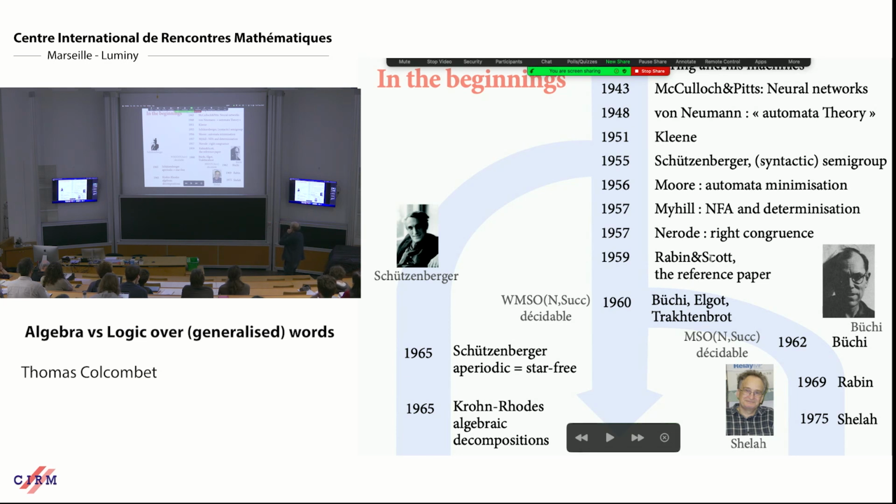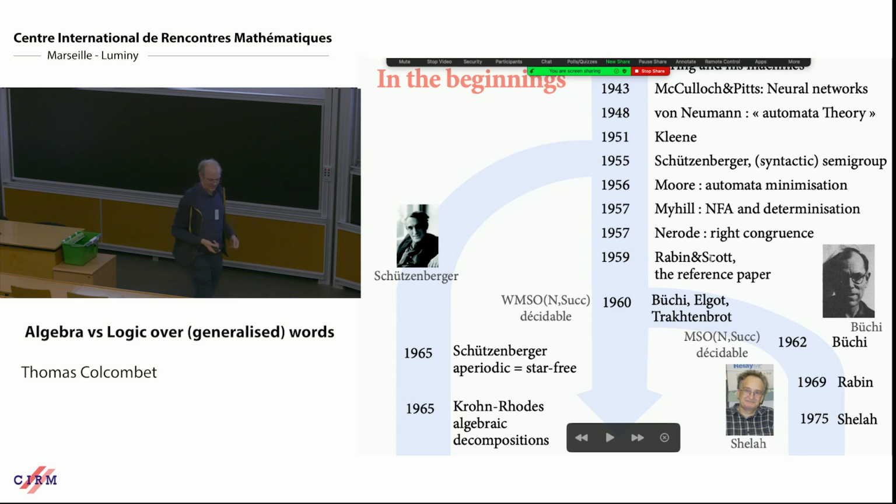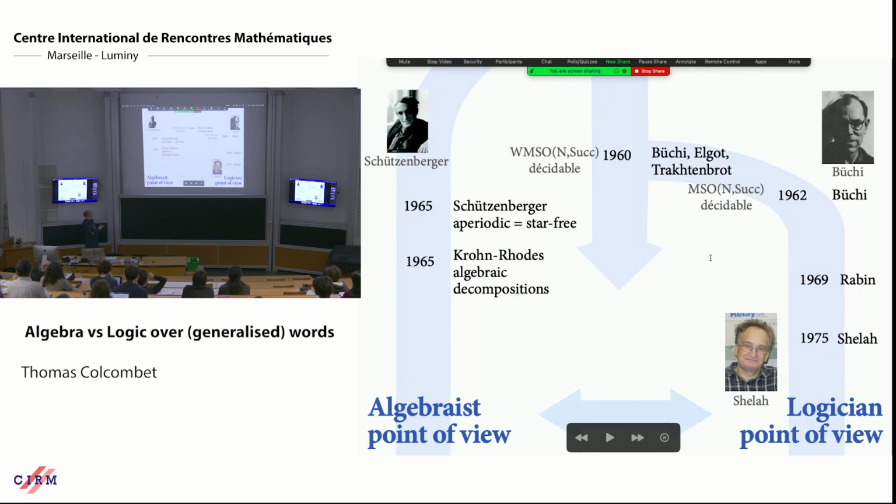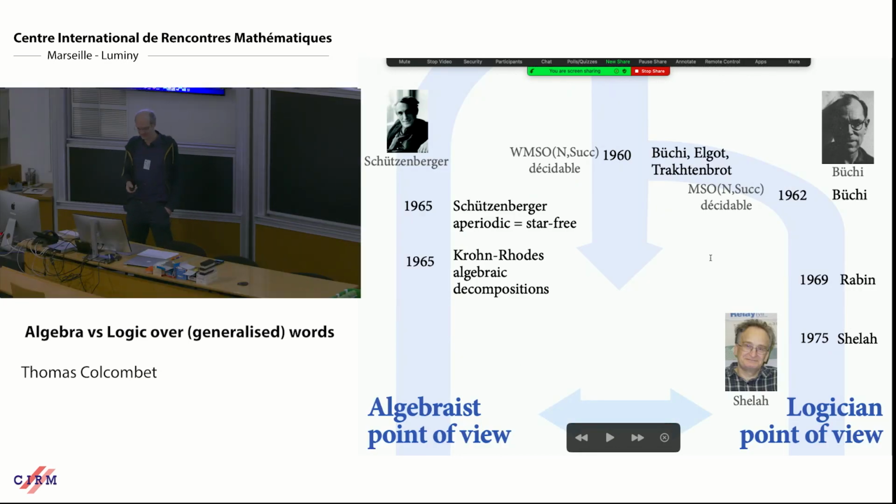And at some point in the 60s, three logicians, Büchi, Elgot, and Trakhtenbrot, show the decidability of weak monadic second-order logic. I will say, for simplicity later, monadic second-order logic over finite words, but that's essentially the same thing. Then Büchi gave the fundamental contribution of going to omega, and then there was a continuation, and this I will call the logician branch of research. And I will try in this talk to see how there are interactions between these two sides.